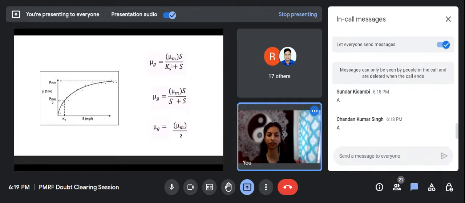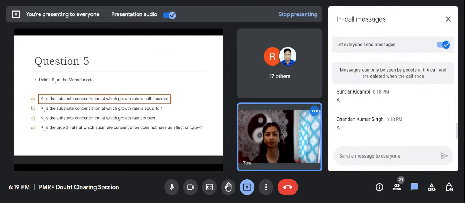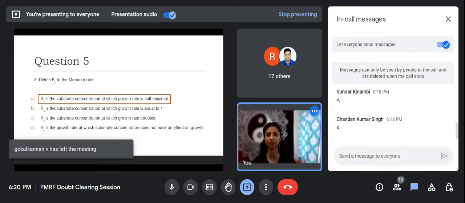Like in the Monod model, if Ks is equal to S, then you get 2S here and you can cancel it here so that you get this maximum growth rate by 2, right? So Ks is in fact the concentration at which growth rate is half maximum. The substrate concentration at which growth rate is half maximum.